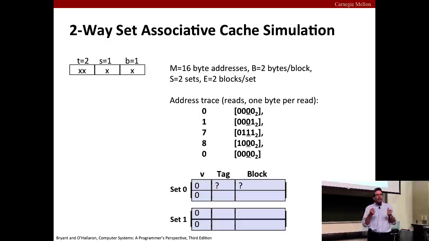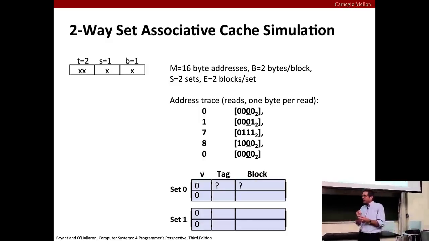Because by the principle of locality, and spatial locality in particular, if you reference a word inside of a block, chances are you're going to reference a nearby word, which will also be in that block. So the whole purpose of blocks is to exploit spatial locality. Now, if you make your block too small, you don't get the same amortization.